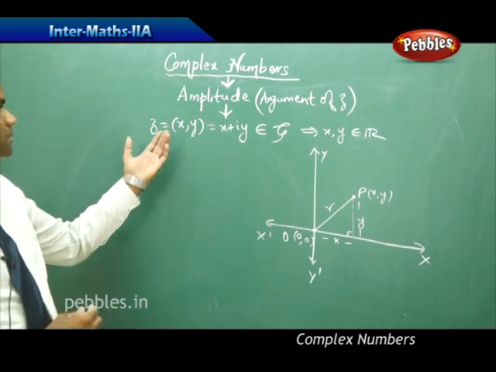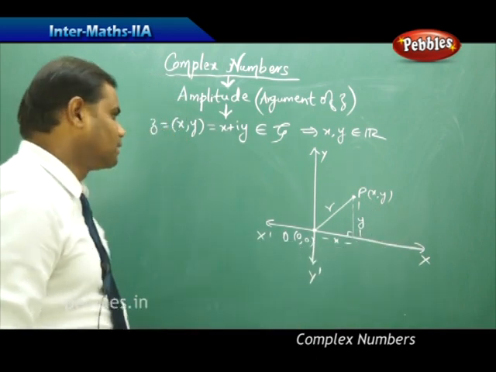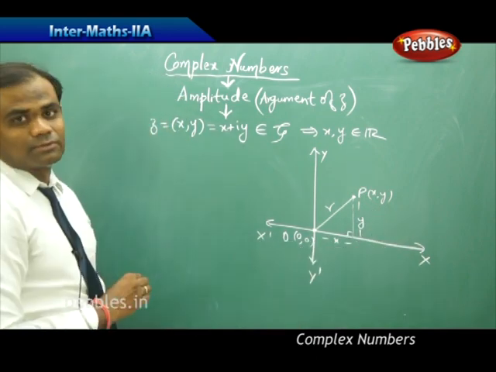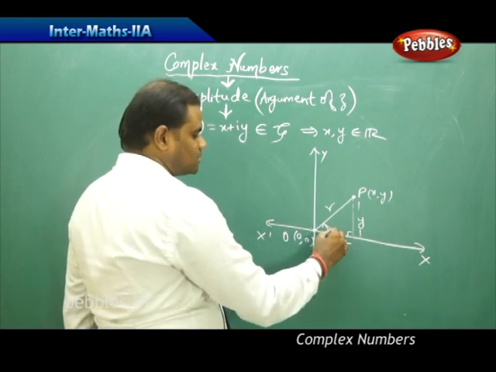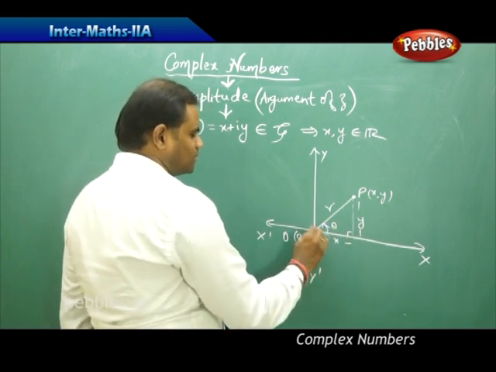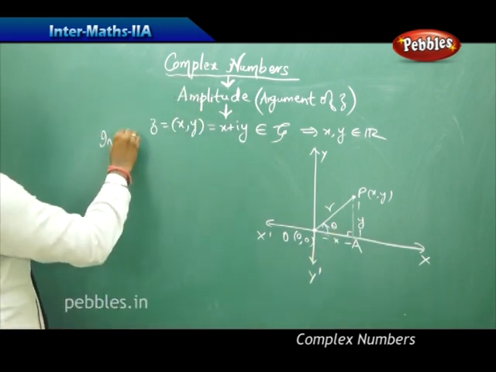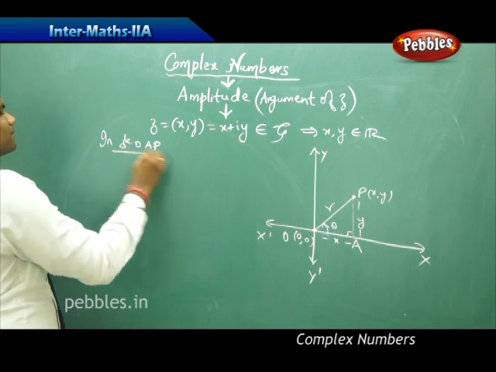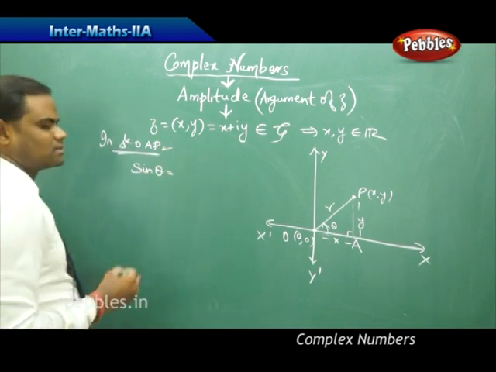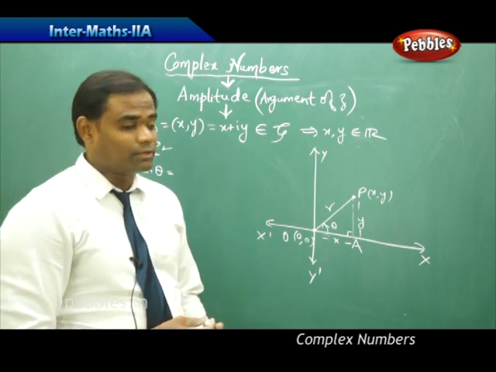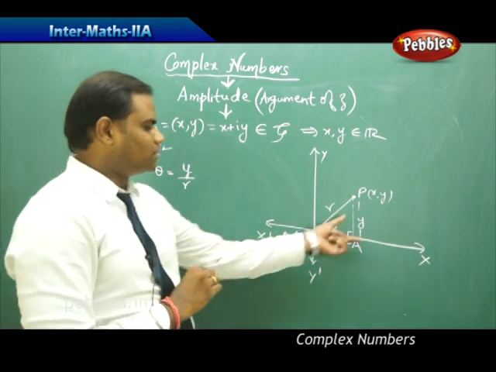Now when I see the point P, which is related with the complex number x plus iy, we have to define amplitude. For this, let me consider the triangle where this is theta in the anti-clockwise direction and this is A. So in triangle OAP, sin theta is opposite by hypotenuse, that is y by r, which we have already discussed.